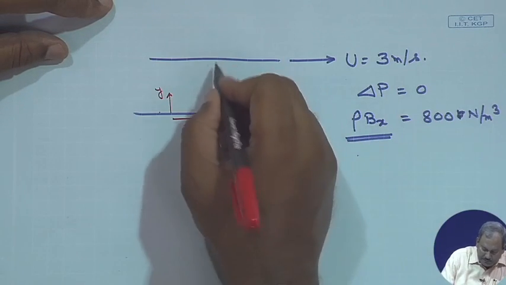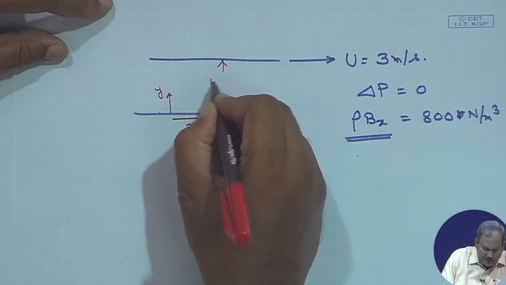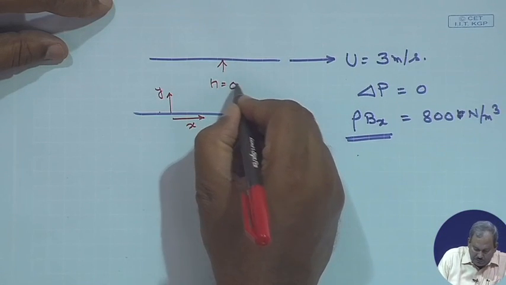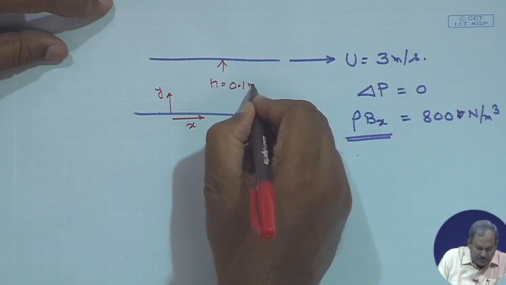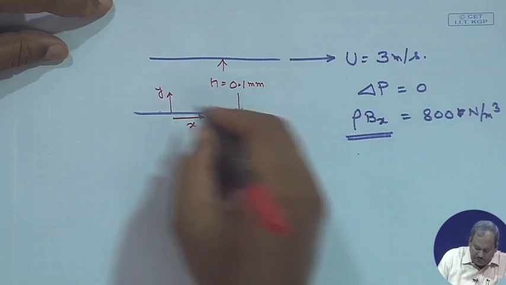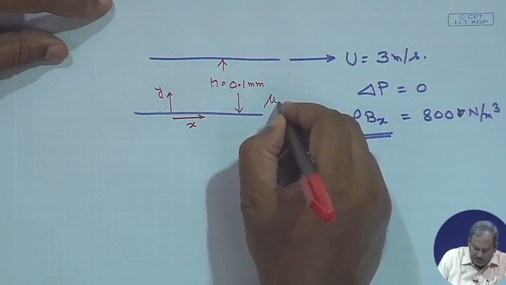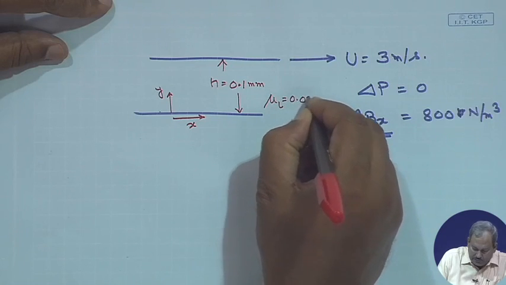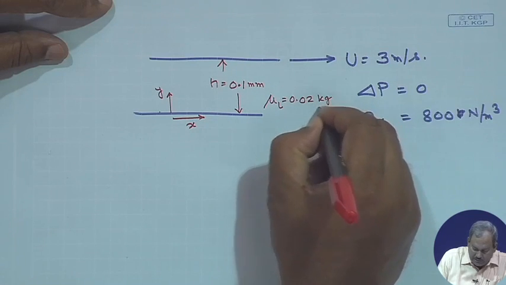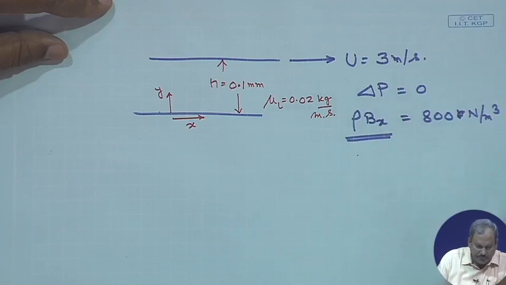The gap between these two plates, which I call h, is equal to 0.1 millimeter, and the viscosity of the liquid, mu of liquid, is 0.02 kg per meter second.